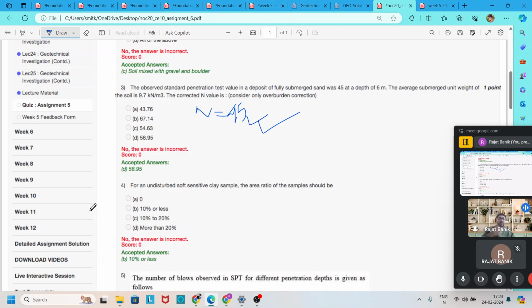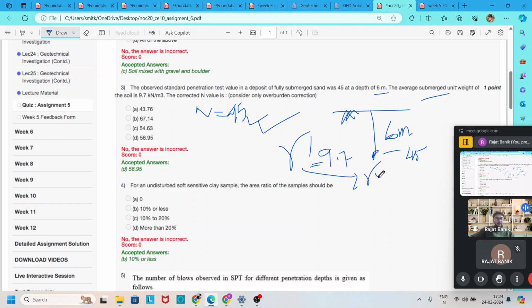First we have to find out the effective stress at a depth of 6 meter. If we consider our ground surface, the field observed SPT value at a depth of 6 meter is 45, and a submerged unit weight is given, that means gamma dash is given as 9.7.